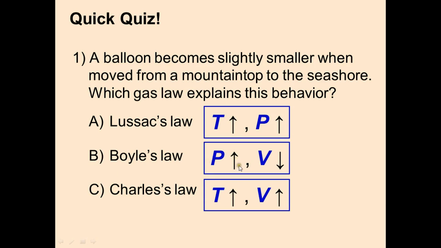So external pressure, so we have more pressure pushing down, that means volume should decrease. And then Charles' law has to do with temperature increasing and volume increasing. So this is for elastic or flexible containers. So in this case, a balloon is definitely flexible. So if temperature increases, volume definitely increases.